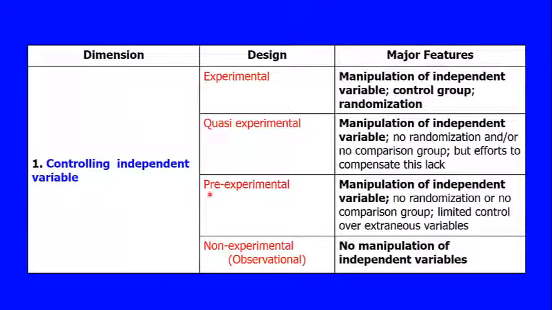The third design in the experimental designs is called pre-experimental. There is manipulation of the independent variable, but no randomization, no comparison group, and very limited control over the extraneous variables. There are no efforts, or very limited, or no control on the confounding factors.